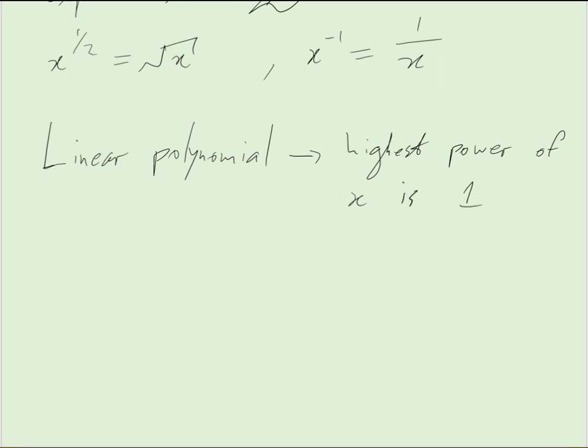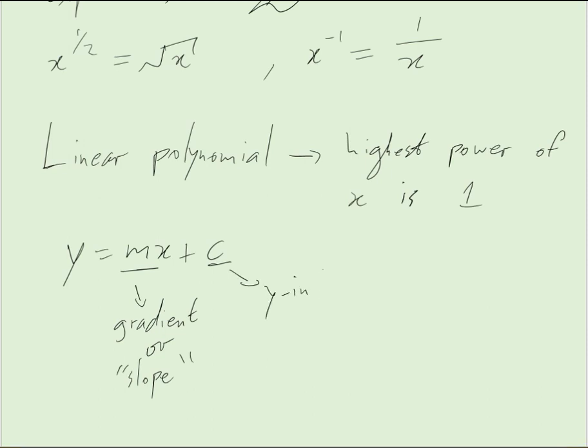When you're introduced to it at school, normally in grade 8 or grade 9, it's taught as y is equal to mx plus c, where m is the gradient, also known as the slope, and c is the y-intercept.